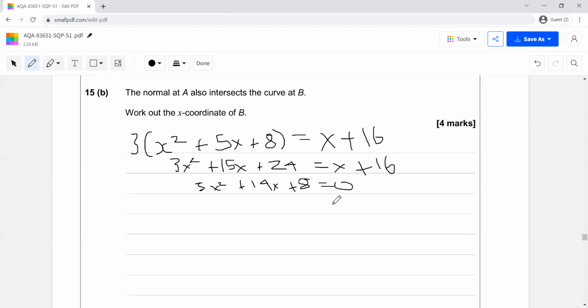Now we can factorize this, so we need to figure out what numbers will give us the coefficient of 3, the x term of 14, and the free term of 8.